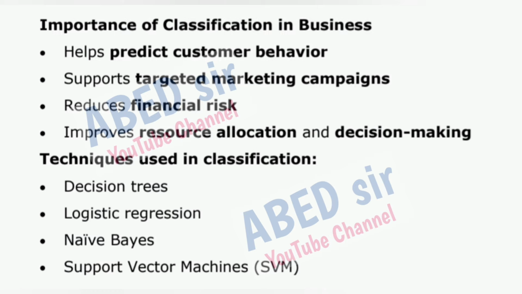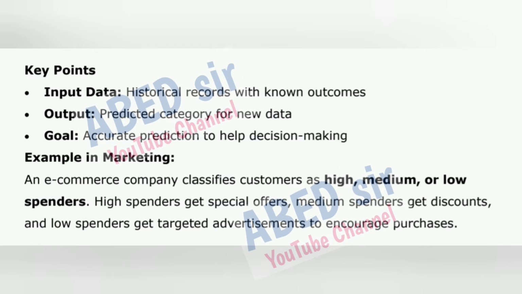Techniques used in classification: decision trees, logistic regression, naive Bayes, support vector machines (SVM). Key points. Input data: historical records with known outcomes. Output: predicted category for new data. Goal: accurate prediction to help decision-making.